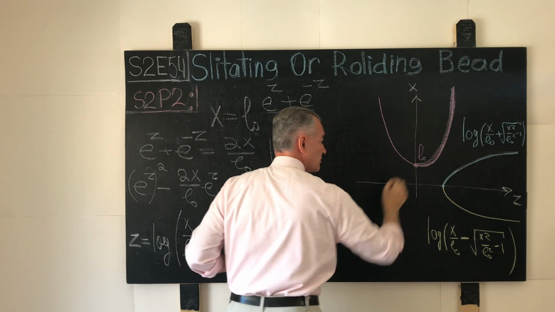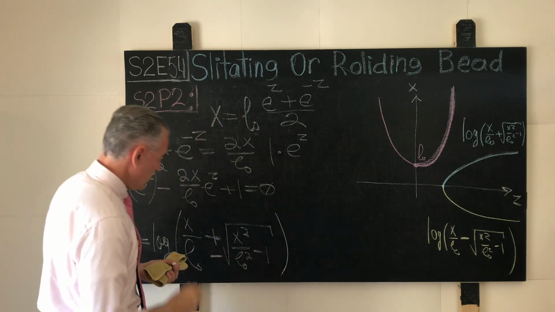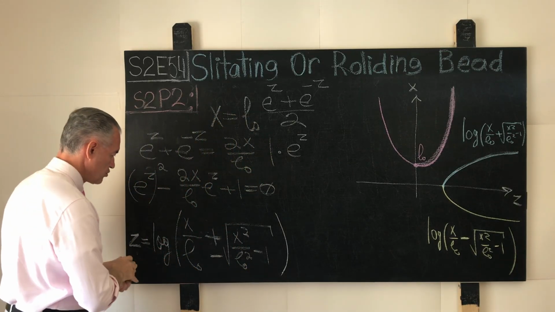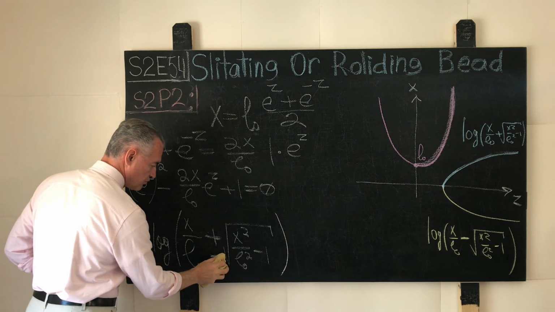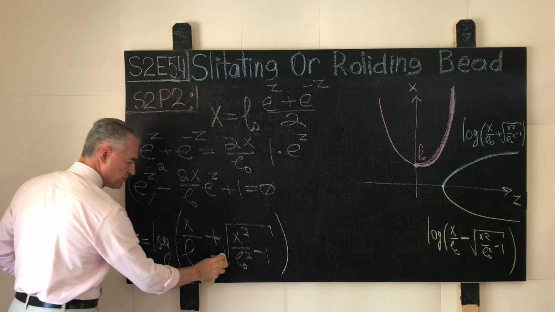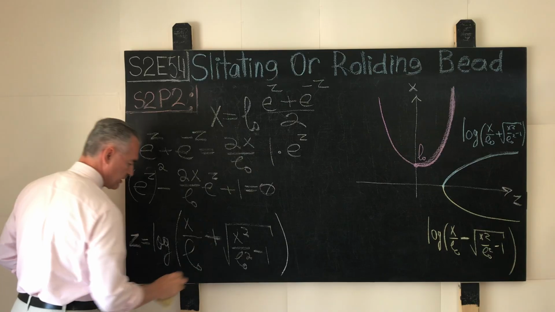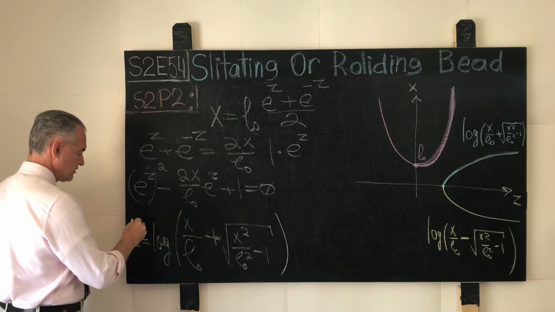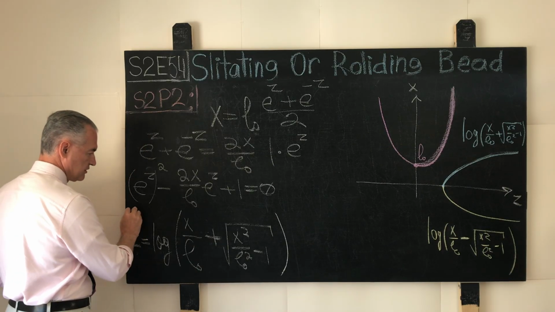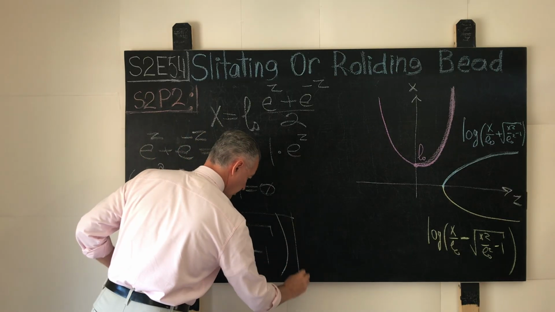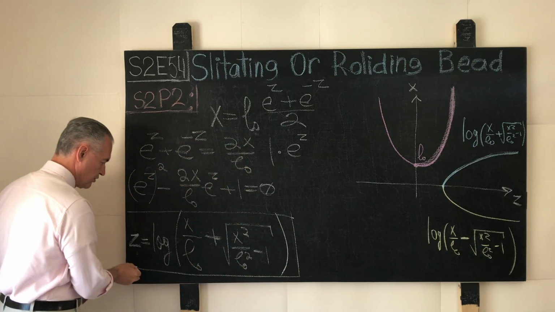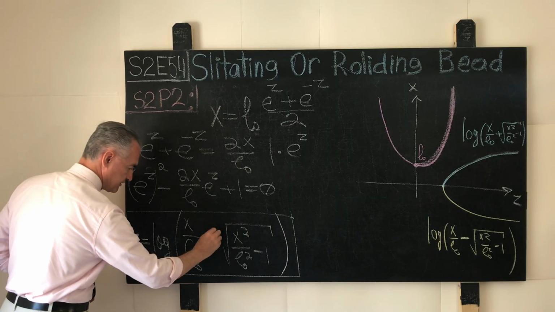To cut the long story short, between the two signs, we pick the plus sign. So there we have it. This is our result. We pick the root with the plus sign.